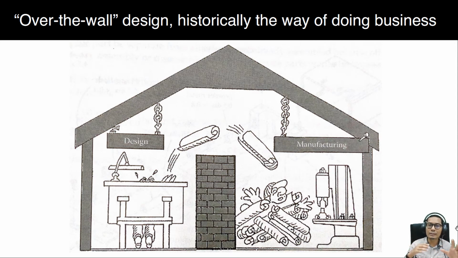So what we did was on the other side of the wall. Industrial designers are at the other side, in the design house, and next to the wall is me, sitting as the mechanical design engineer together with the manufacturing team.